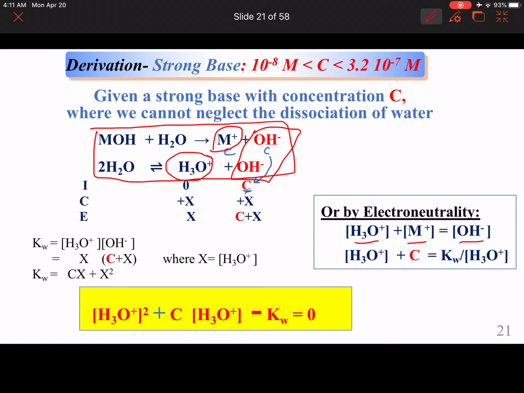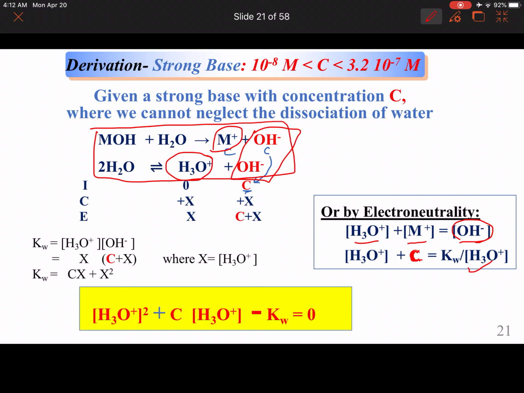Now, again, I want everything in terms of one variable, so I'm going to choose H3O plus as my variable. So I'm going to convert this OH minus to Kw divided by H3O plus. And the metal is actually a constant concentration, which is the concentration of that base that I originally put in, because the metal only comes from that one source.